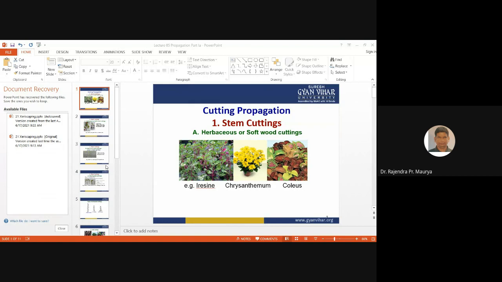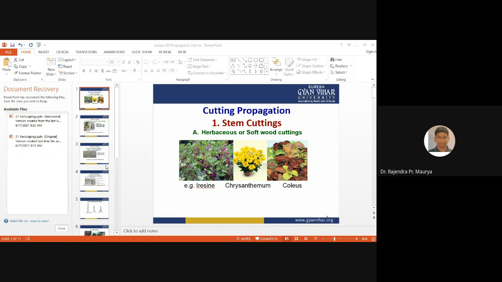So it contains the nutrients in proper amount, because these nutrients are the initial source for the growth of the new plantlet. That's why it is very important.